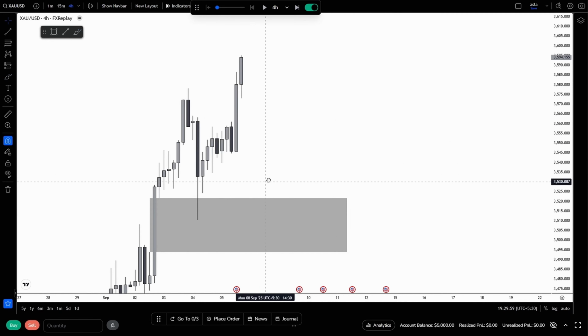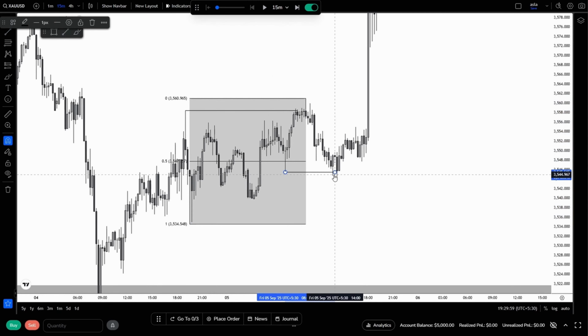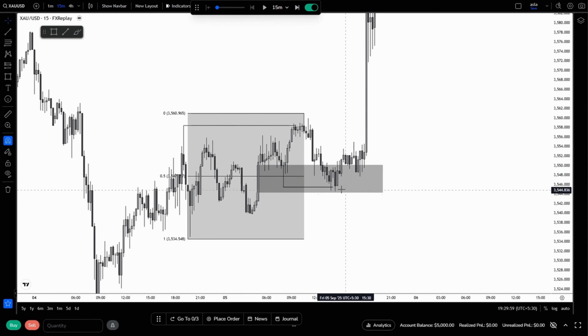So instead of forcing a reversal trade, the smarter approach is to wait. Let price retrace back into discount, sweep some sell-side liquidity, and fill inefficiencies like fair value gaps before continuing higher. And in this scenario, you can clearly see that price does exactly that.